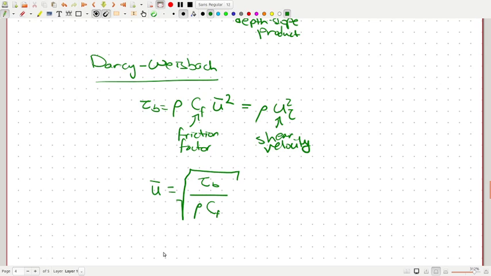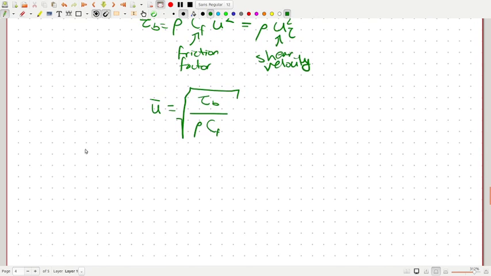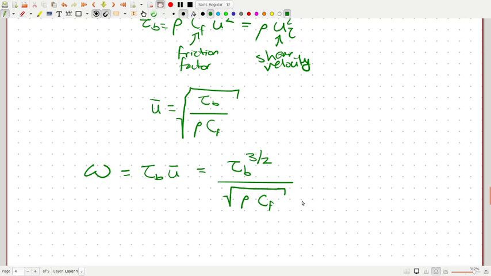So therefore, if we take this then back to little omega, which is unit stream power per unit width, then that is equal to tau b times u bar. And if we plug in that u bar, what we then get is that this is equal to tau b to the 3/2 power over square root of rho times the friction factor.